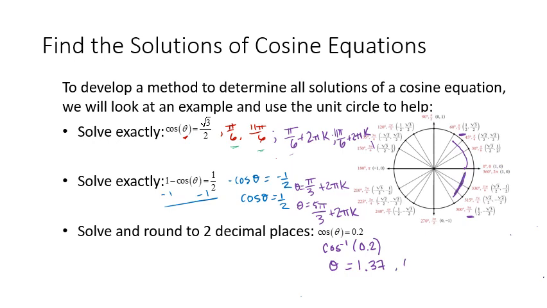Because when we do the cosine inverse, that restricts the domain, but there's no domain restriction for this answer. So to find that second value of theta, you subtract 1.37 from 2 pi, and you'll get about 4.91. And then again, you have to add 2 pi k to both of those to find all the iterations of them.